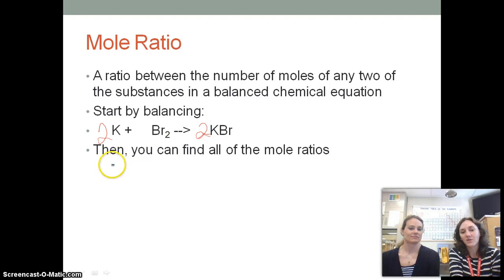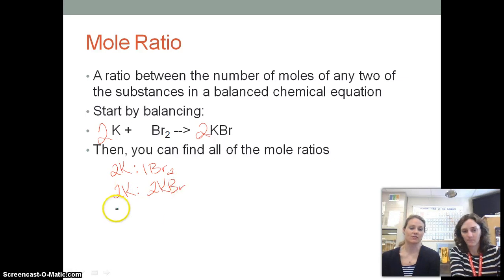So this is annoying. However, this is how it goes. You have 2 potassiums to 1 Br2. Then you compare it to the product, 2 potassium to 2 KBr. Then you switch it.